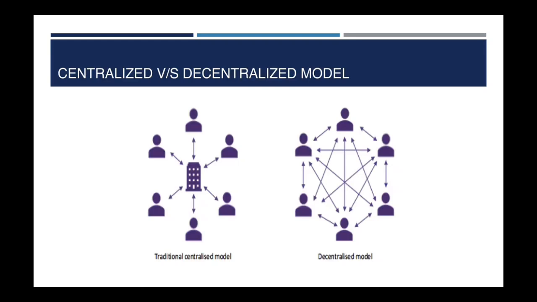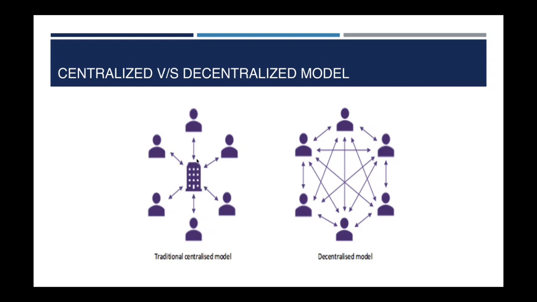So before jumping into what blockchain is, let us understand what is the difference between centralized model or centralized system and decentralized model or decentralized system. So in case of centralized system, which you can see on the left side, there is one central authority or one central organization who is holding the data.